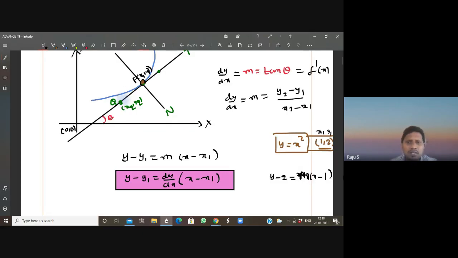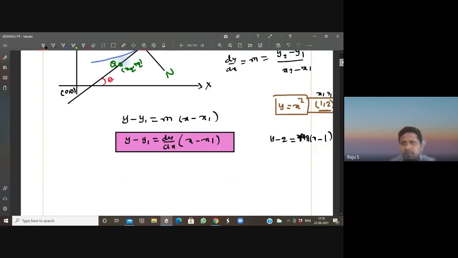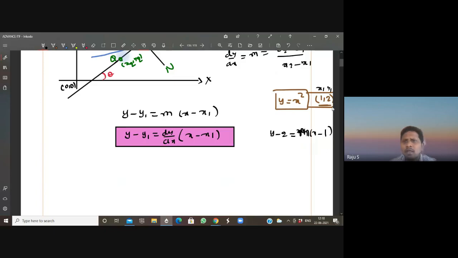They did not give theta, but we can find m simply. They gave the equation of the curve, y is equal to x square. Now differentiate. Then dy by dx we get is 2x. Now this dy by dx you can find at the given point 1 comma 2.